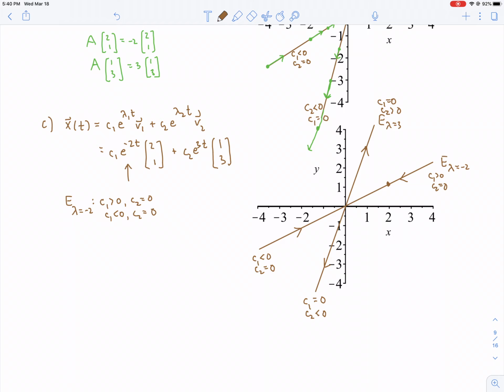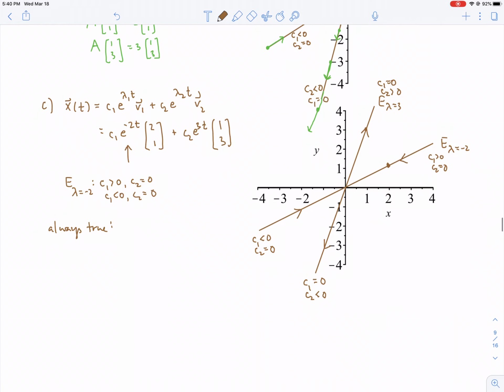Okay, now what's always true is that as t goes to infinity, this first term is going to go to 0 no matter the value of C2.